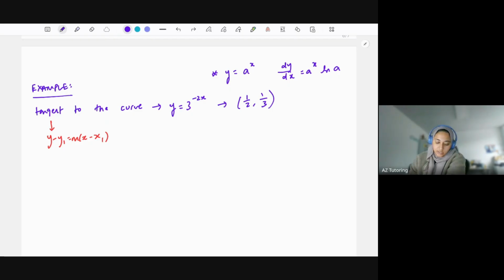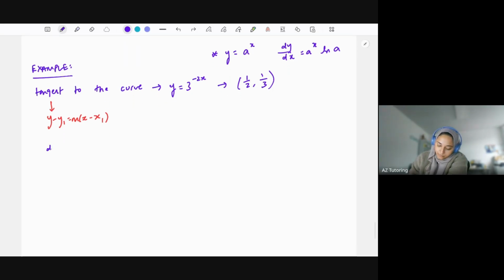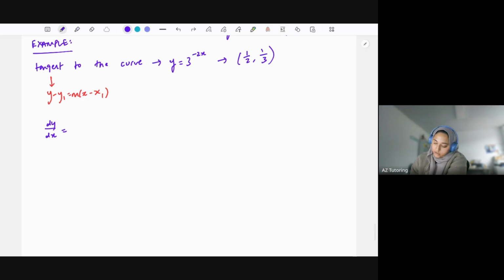So how can we find dy over dx of that? Using our rule above, we've got y equals a to the x, but we've also got a chain rule there because we've got a function inside. So for the chain rule, I'm going to let t equal minus 2x, the function that's in the power. Therefore, y equals 3 to the power of t.